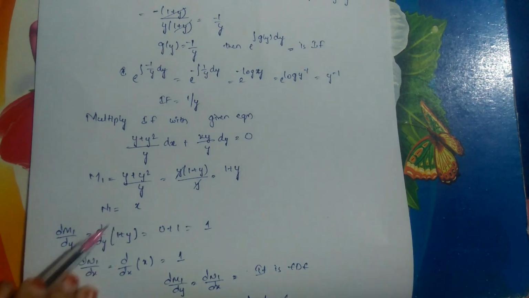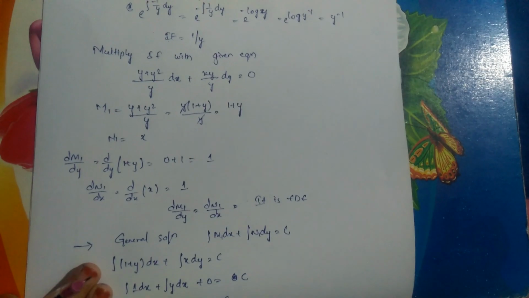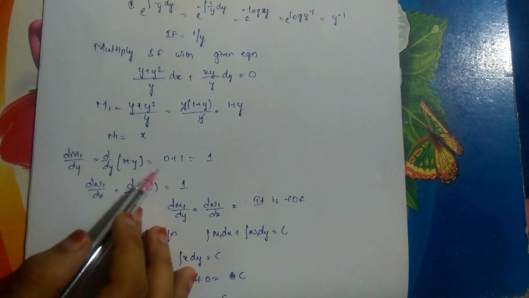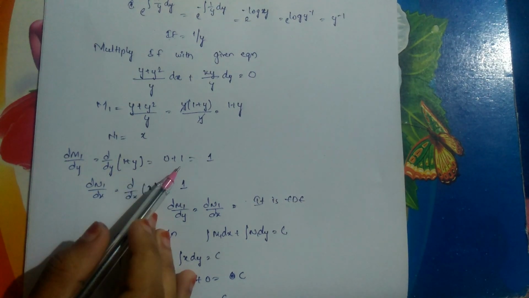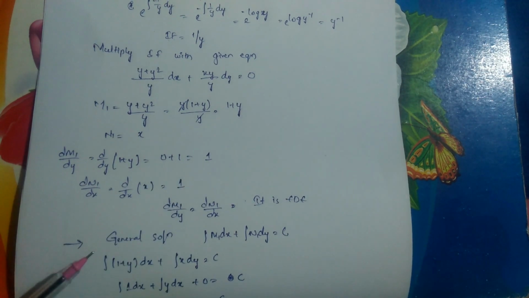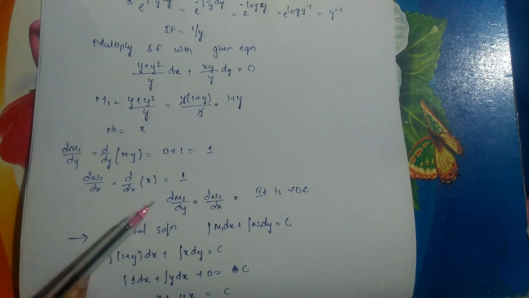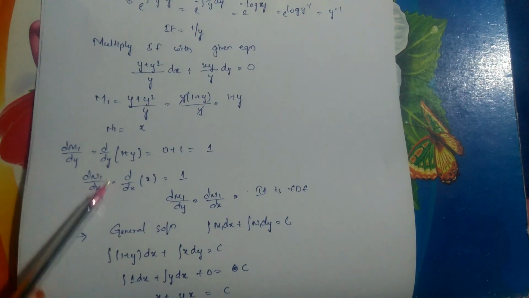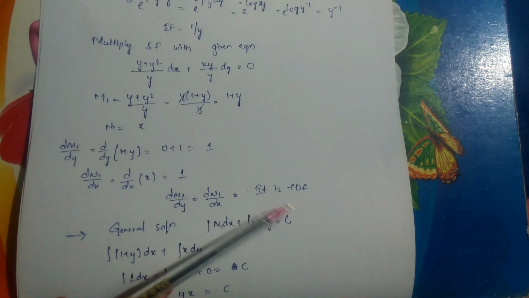So dou M1 by dou y is equal to dou by dou y of 1 plus y, and here constant differentiation is 0 and y differentiation is 1. So we get 1. And similarly dou N1 by dou x is equal to dou by dou x of x, that equals 1. So when we see both of these differentiations, they are equal. So it is an exact differential equation.